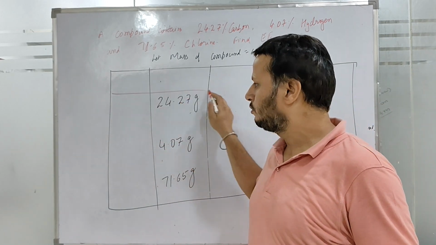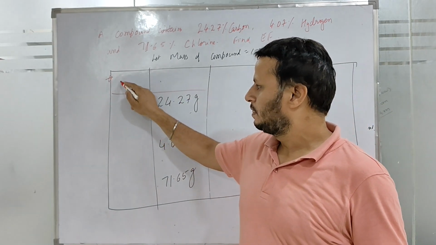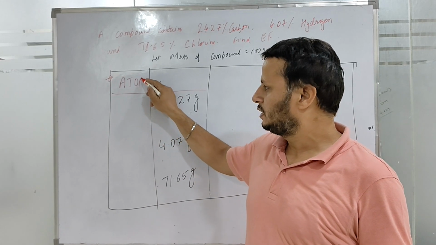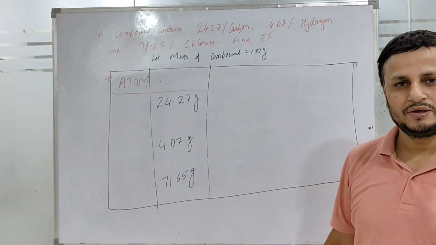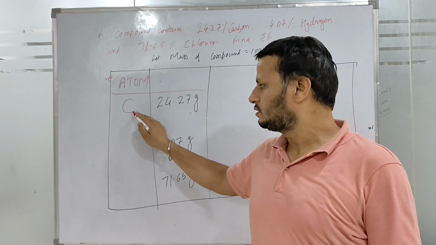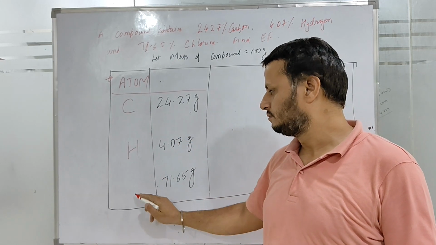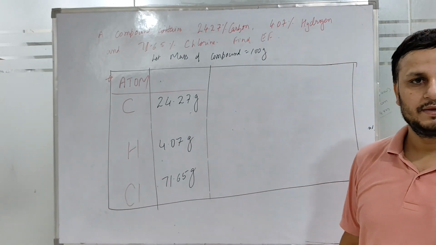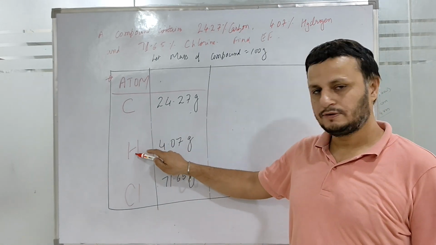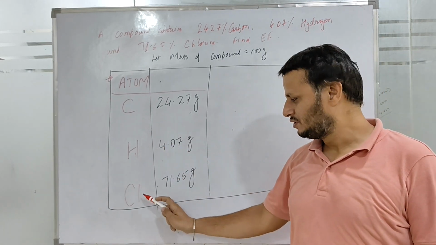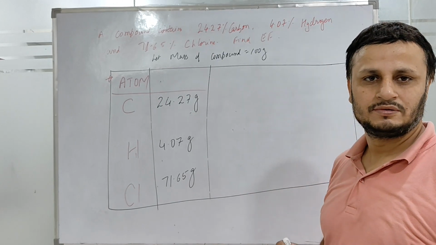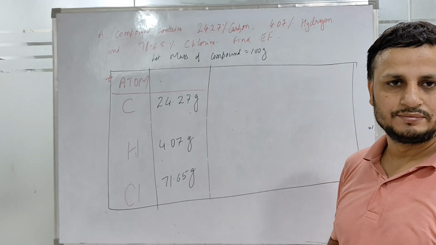But the most important point कि we have to take each element in its atomic singular form only. कि हाइड्रोजन को हम सिर्फ सिंगल H और क्लोरीन को सिंगल Cl की फॉर्म में लेंगे.